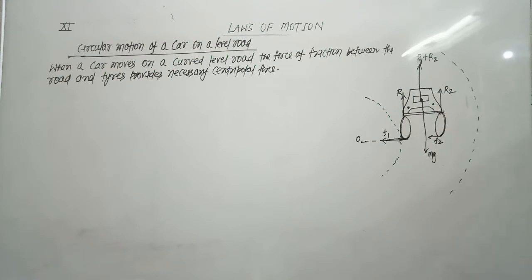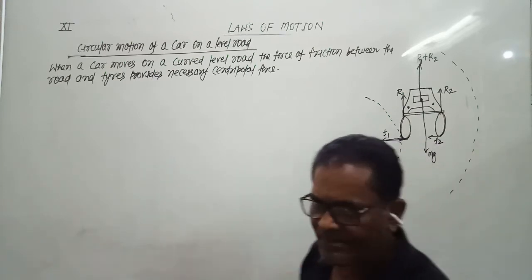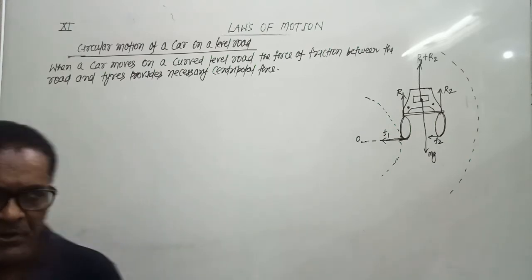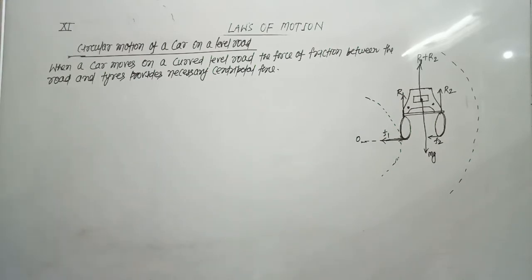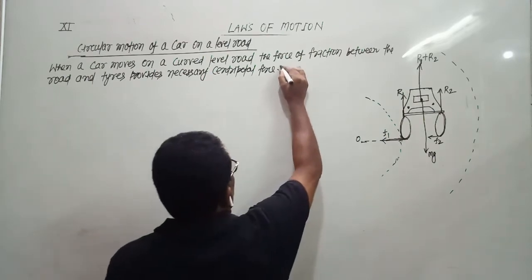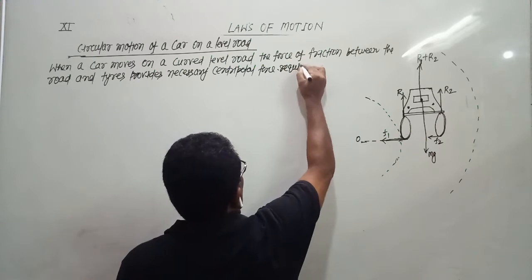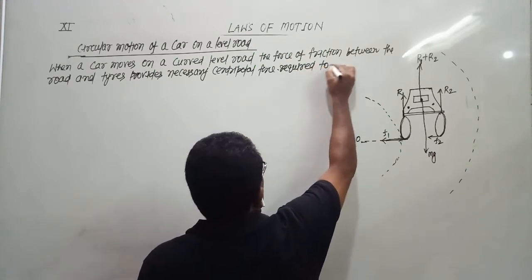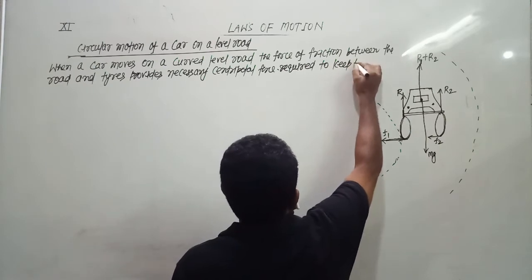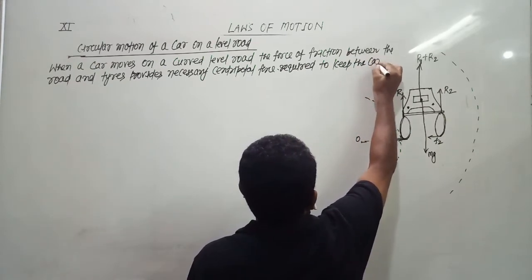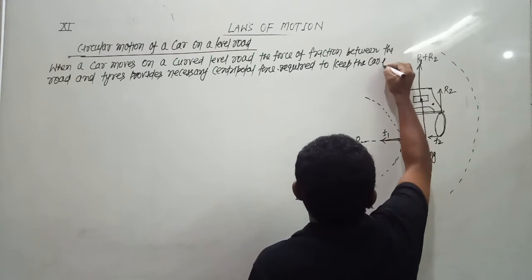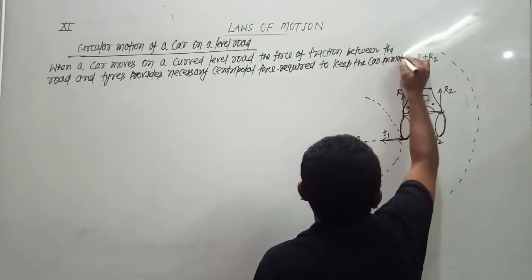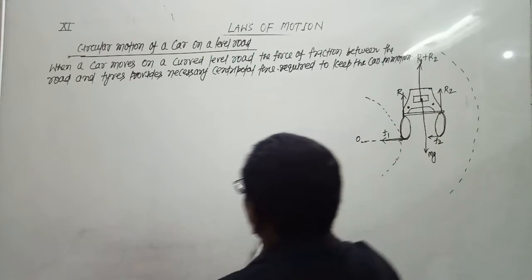So the necessary centripetal force is provided by the force of friction acting on both the tires, required to keep the car in motion.